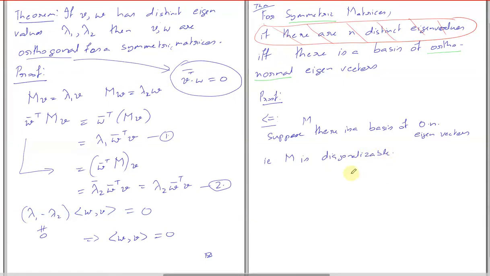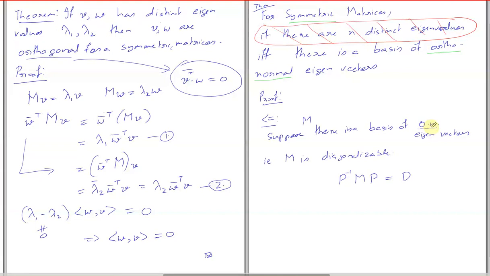So what does that mean? There exists a matrix P such that P inverse M P is equal to a diagonal matrix. Everybody agrees? Now the interesting thing is we also need to use the fact that this basis is orthonormal.